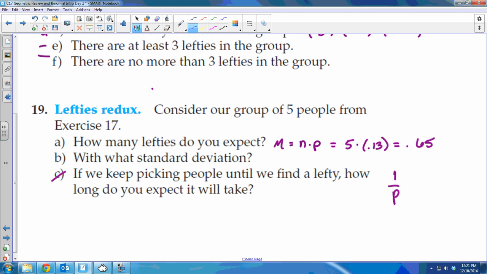That should make sense. But the standard deviation is the square root of n times p times q. That's the square root of 5 times 0.13 times 0.87. That's 0.7.